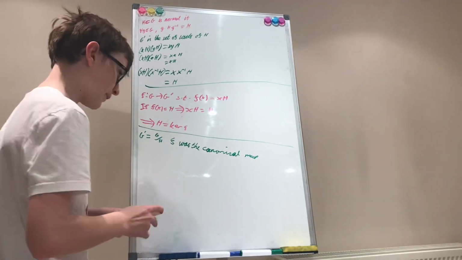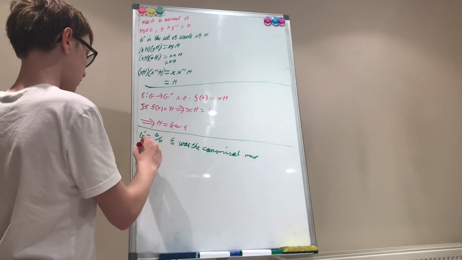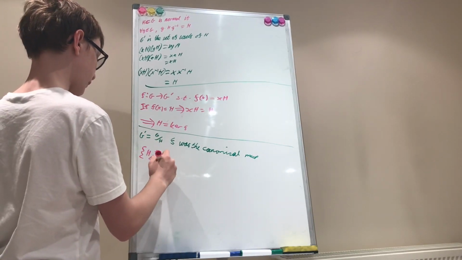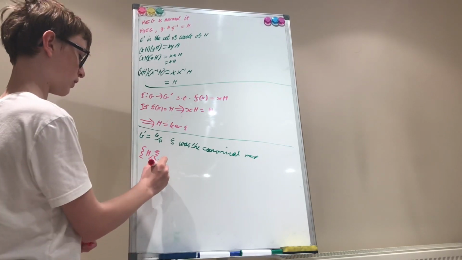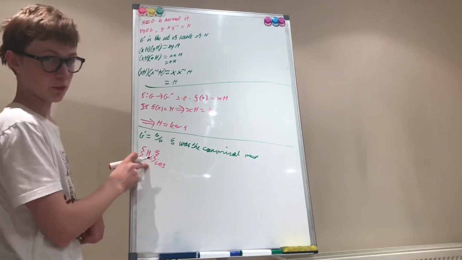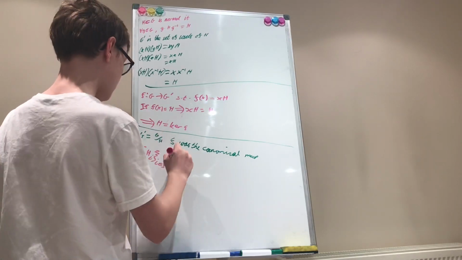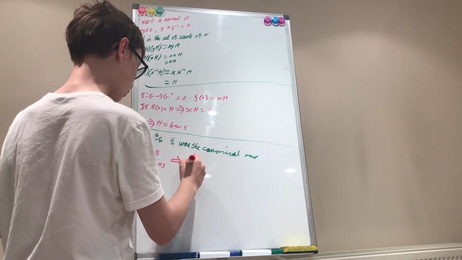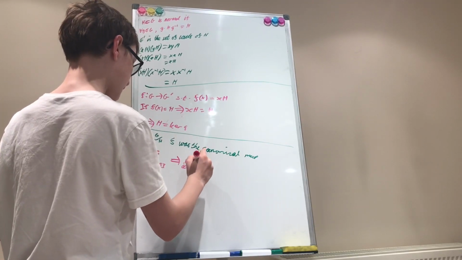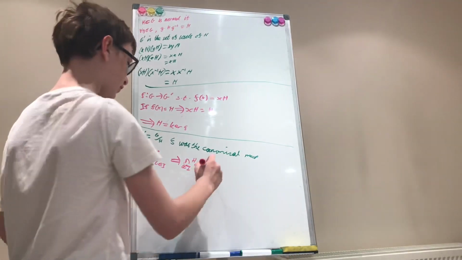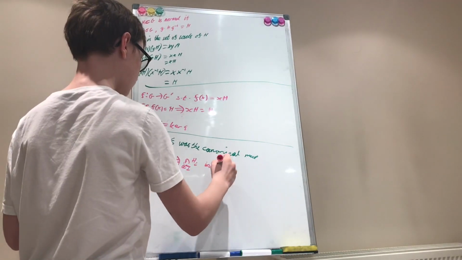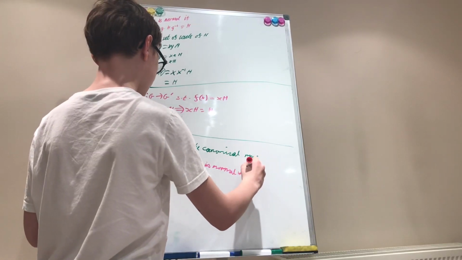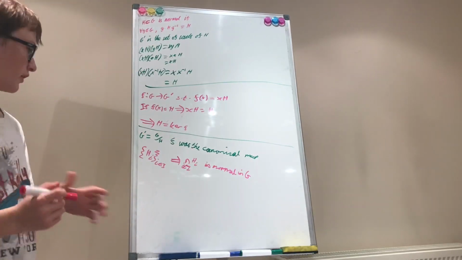So now, before I move on to exact sequences, allow me to make a quick remark about normal subgroups. If we have H sub i, indexed by some larger set I, being normal subgroups of G, this implies that the intersection over all i in I of H sub i is normal in G. Why is that?